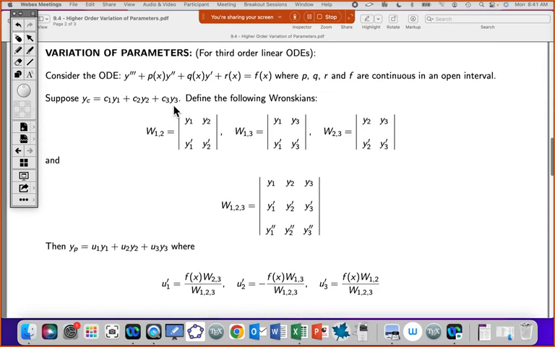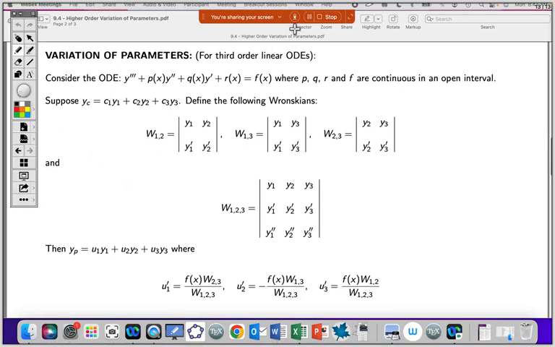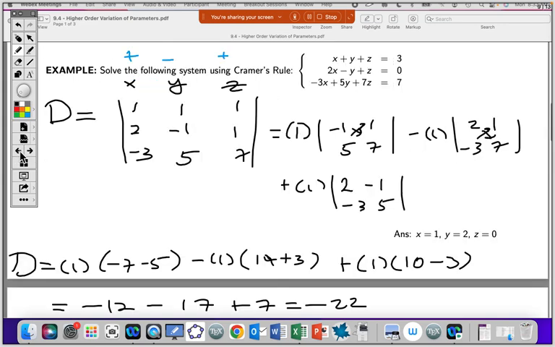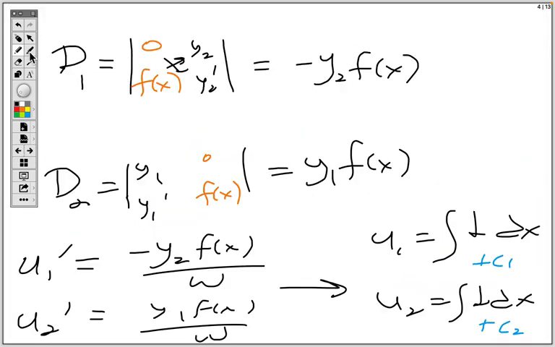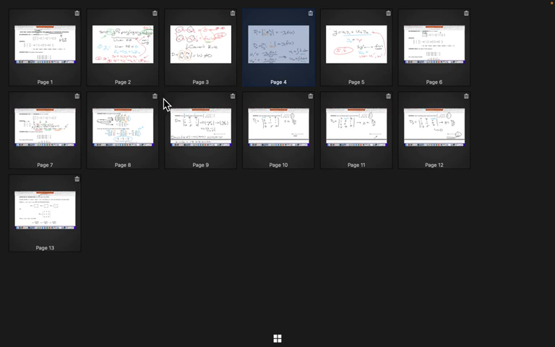And so when it comes to variation of parameters, we're going to stick to third order here, because once you see how it generalizes to third order, you'll see how it generalizes to all the orders. Okay, so if we go back to what we talked about, reviewing section 5.7 here.